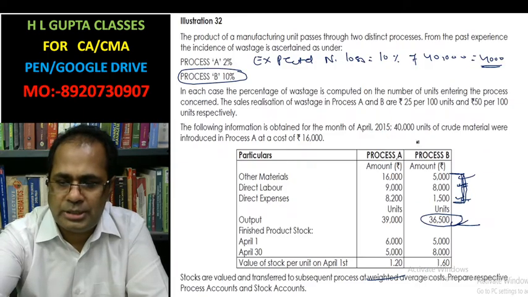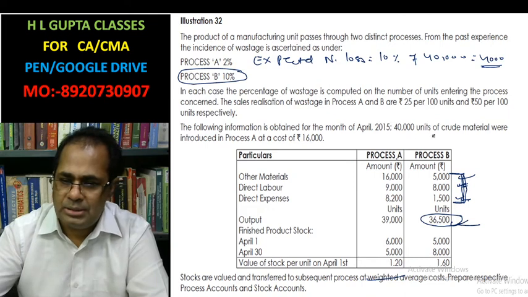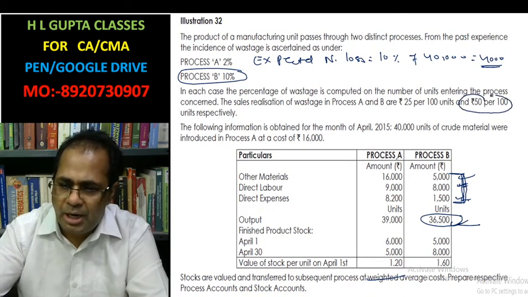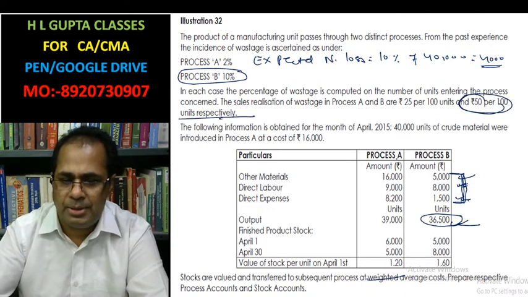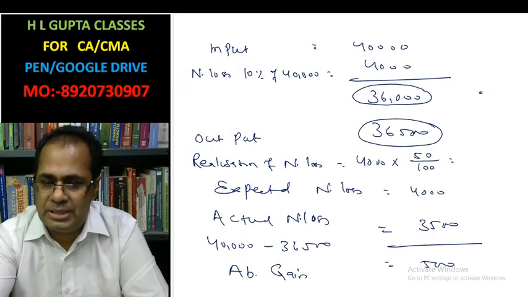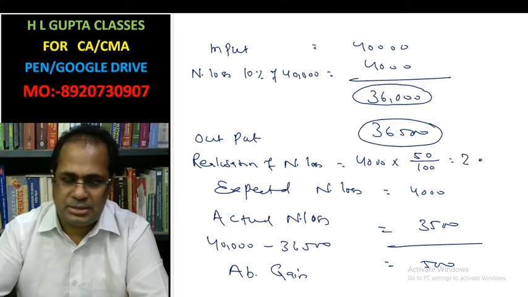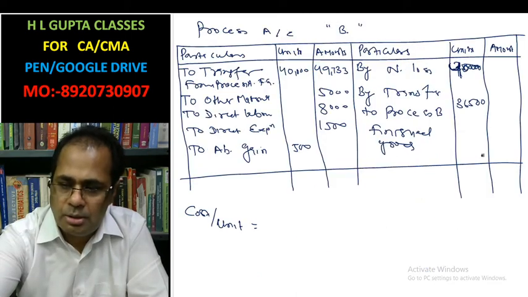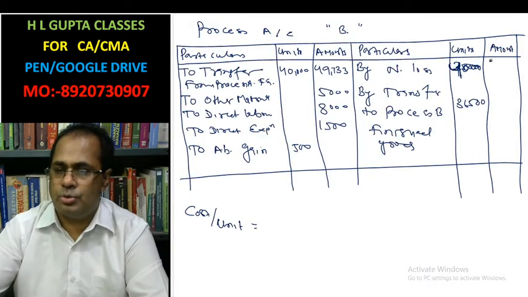Look in the question, it is given that rupees 50 per 100 units scrap is realized. In this case the amount is 2,000.